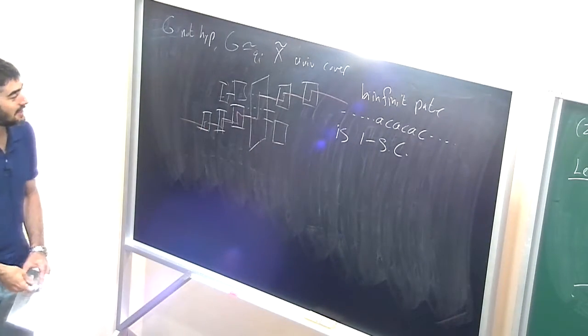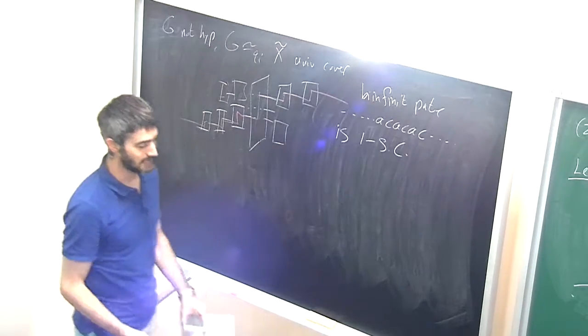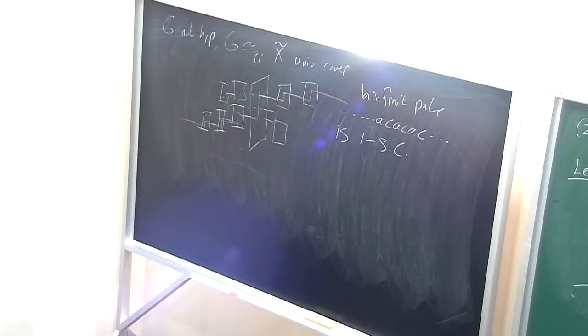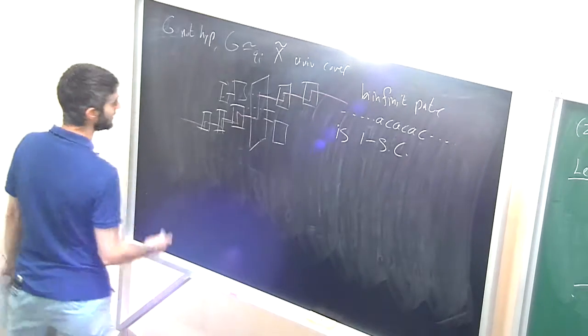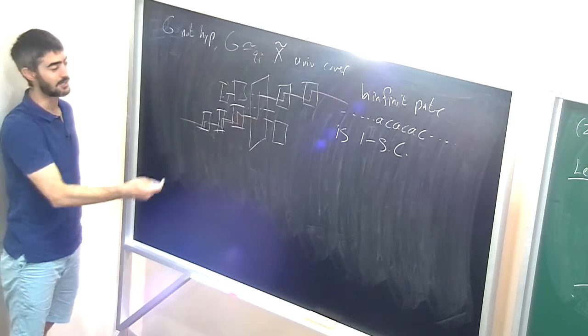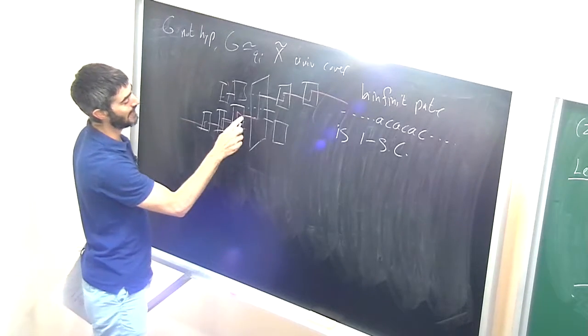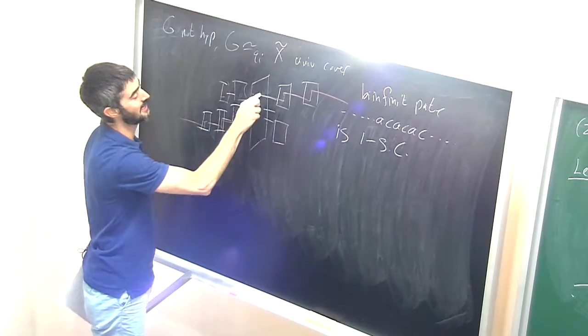Okay, and why is that? You can kind of see why that should be. Let's think about why that is. So I need to find a ball disjoint from this path. So the path goes on this edge, and then it goes this edge, and it goes that edge.